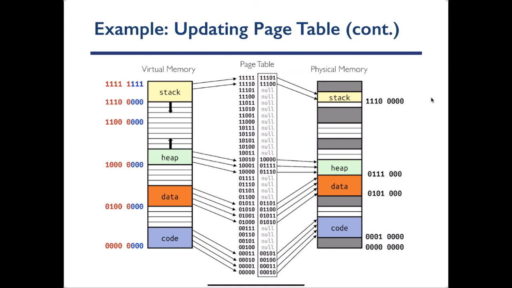For the mapping, I can just find 2 empty physical pages somewhere else and allocate my 2 virtual pages to those. As you can see now, my stack in physical memory has been mapped to 2 different regions. It doesn't need to be contiguous as it was with multi-segment address translation.